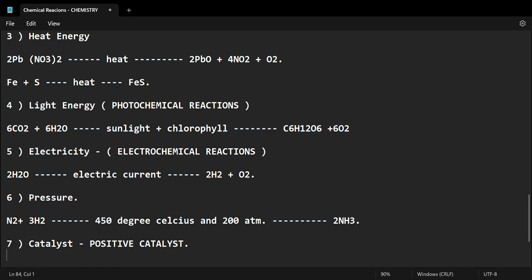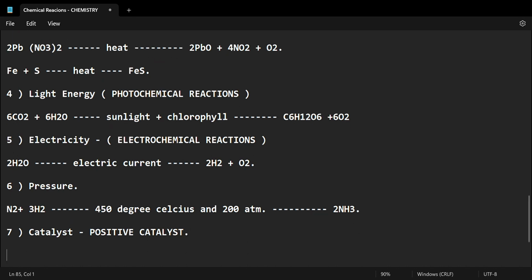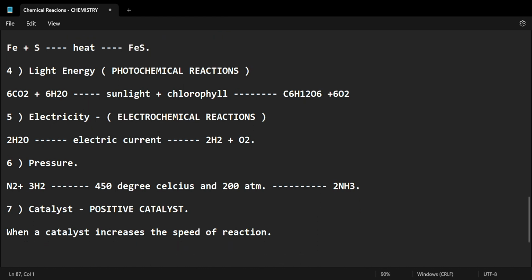Okay, what are positive catalysts? When a catalyst increases the speed of reaction, that is called a positive catalyst. When a catalyst increases the speed of reaction, that is a positive.